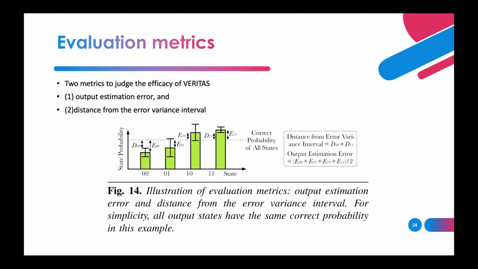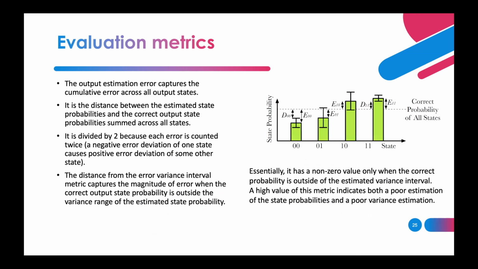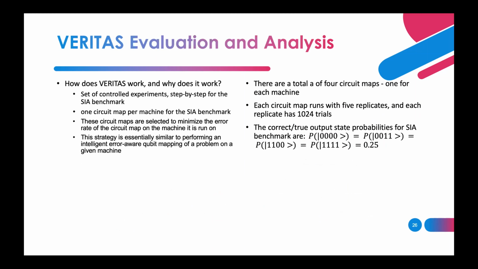The other one was to calculate how much distance you get based on the error variance interval, which is your estimated value, and then you see how accurate your algorithm is. They use these two metrics, but this is not effective. One of the shortcomings of the paper was that this is not effective for chemistry or machine learning applications because the outcome of the algorithm is unknown to the user.